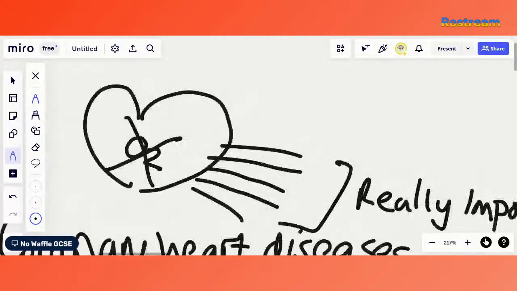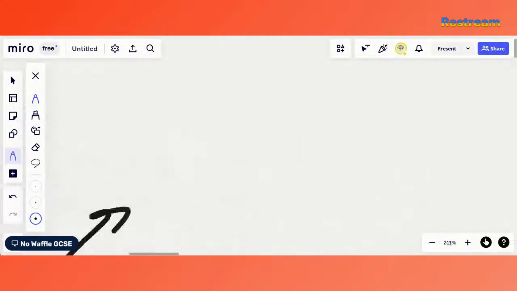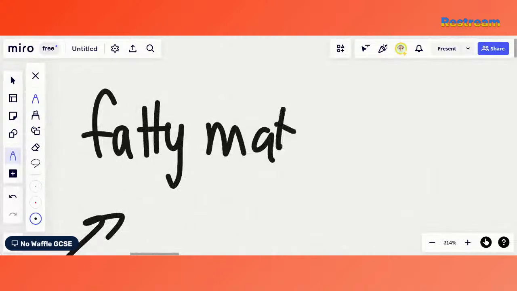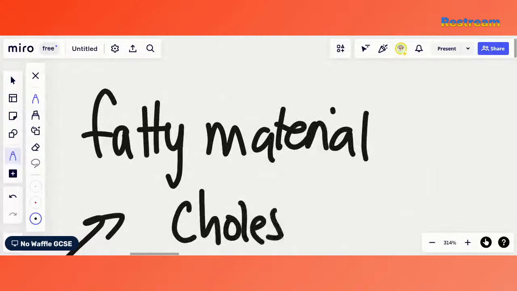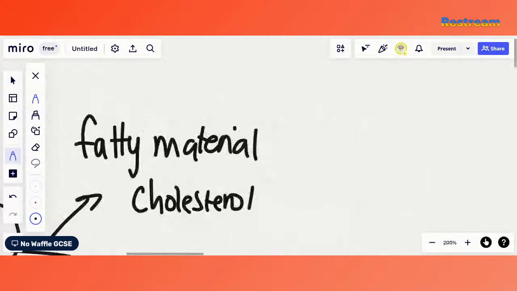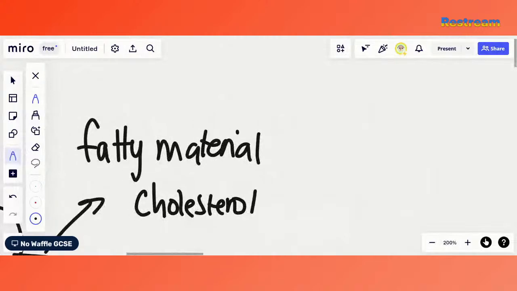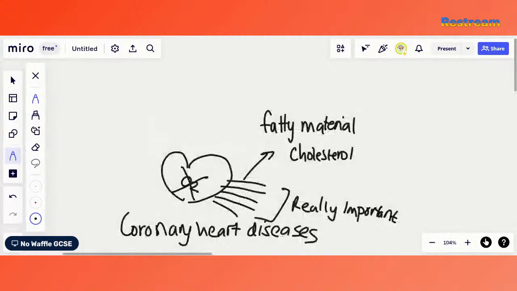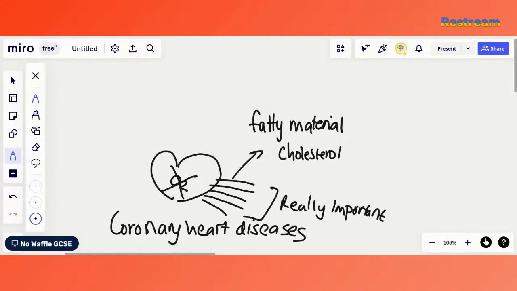Well, this is called the buildup of fatty material, and we call this fatty material cholesterol. Now, everyone has cholesterol, so cholesterol is perfectly healthy, but if you have high cholesterol, it can very much damage you, because it can limit the blood flow to the heart and therefore the oxygen, and cause heart attacks.